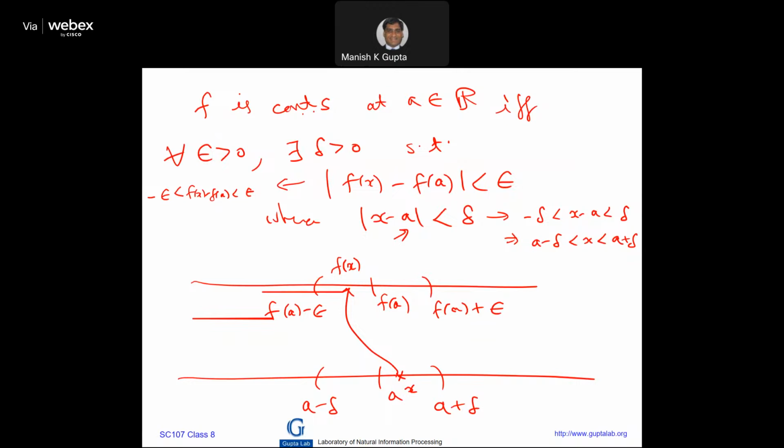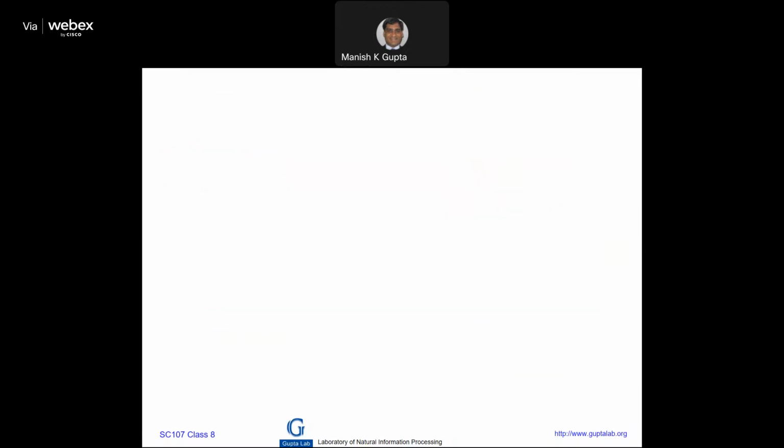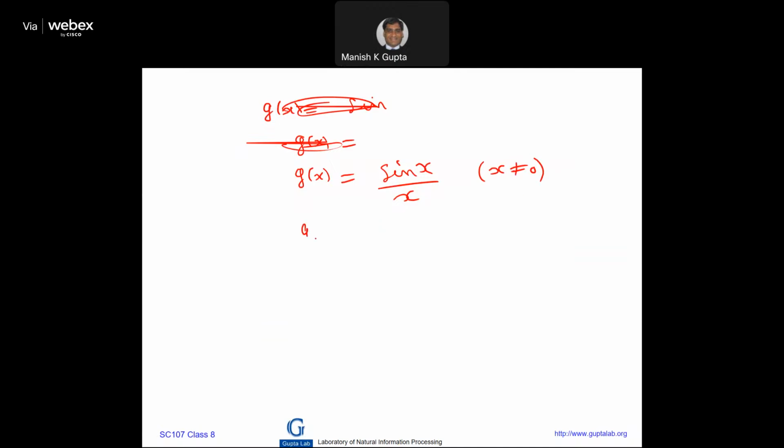So I can give some examples. One example maybe I can just write down. Suppose I take a function g of x equal to sin x by x when x is not equal to 0, and at origin the value is 1.